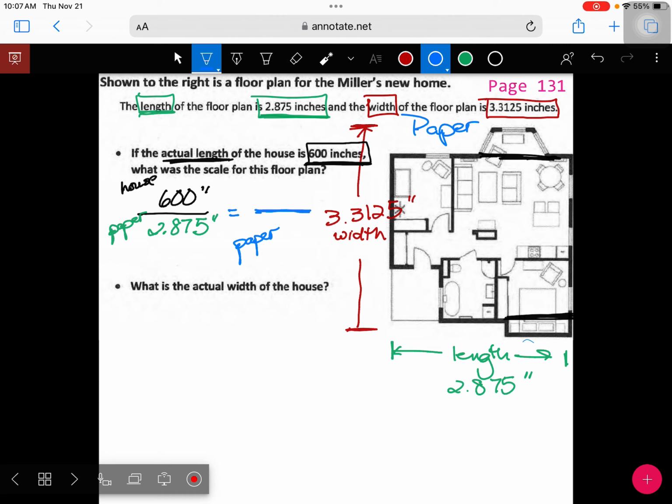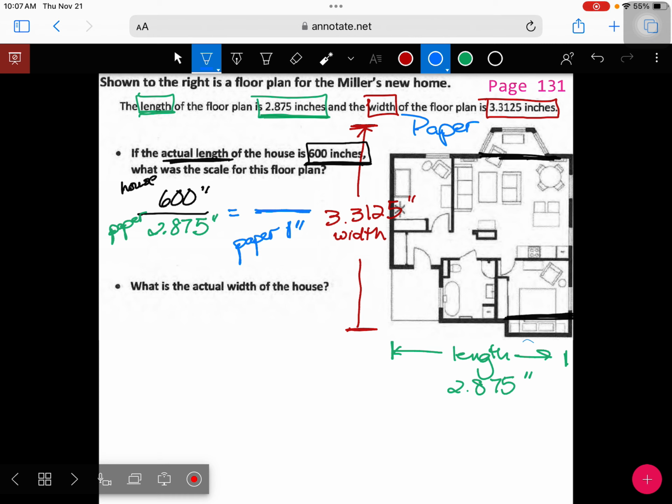It would be an inch, right? Wouldn't an inch be a good regular amount to measure on paper? So on paper, we're looking to see what an inch would represent. Because we know the whole house is 2.875 inches on paper. So 1 inch on paper, we want to say how many inches would that be for the real house.